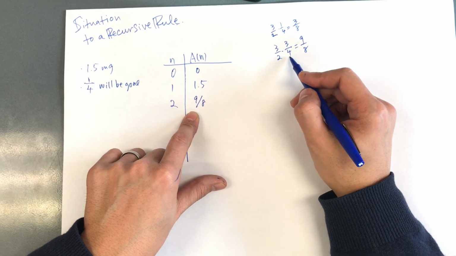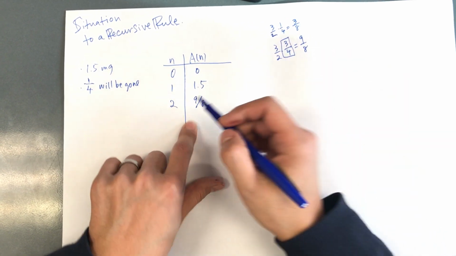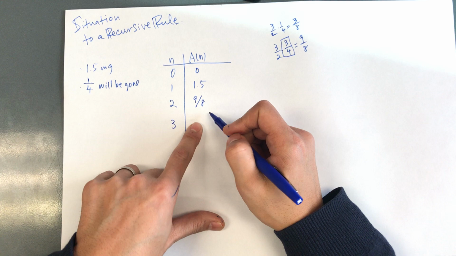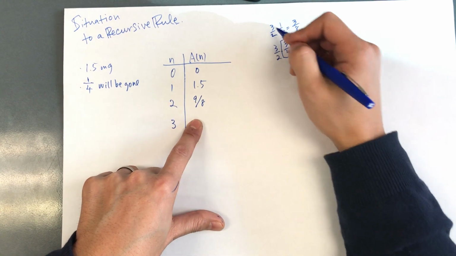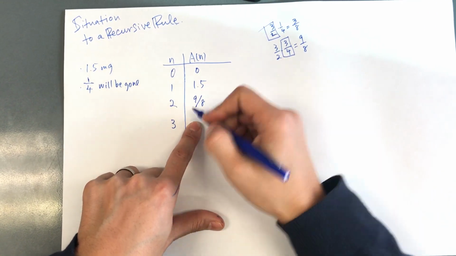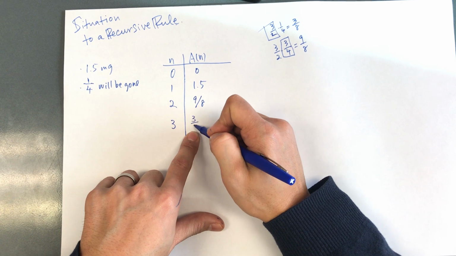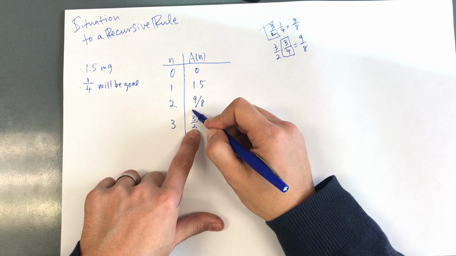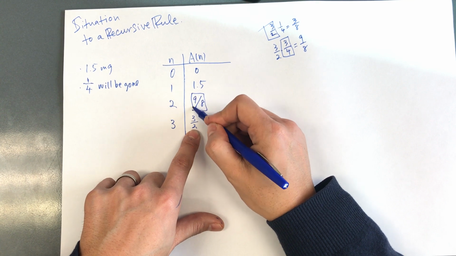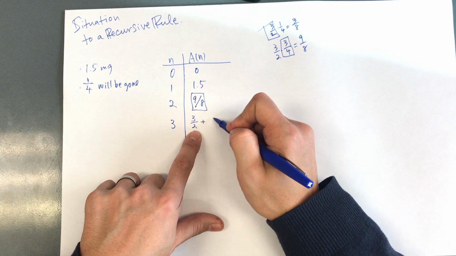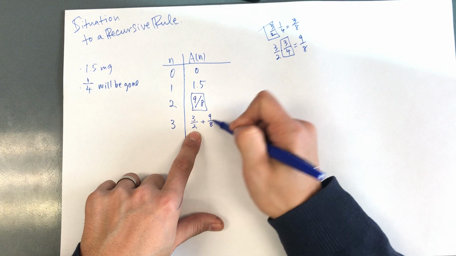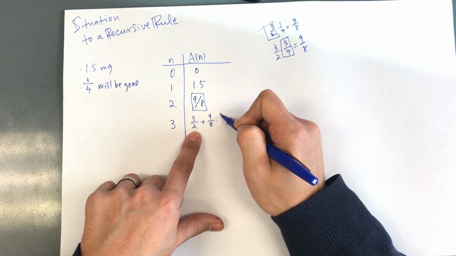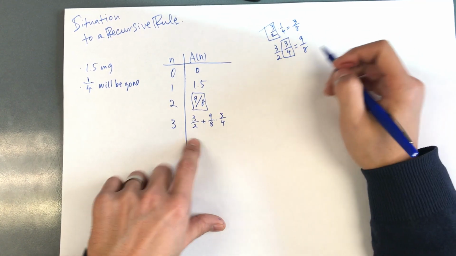So what are we doing here? We're just going to multiply by 3/4, right? The next day, she's going to take another 1.5 milligrams, right? So 1.5 milligrams, and then only 3/4 of this is going to stay in her body. So 9/8 times 3/4, right?